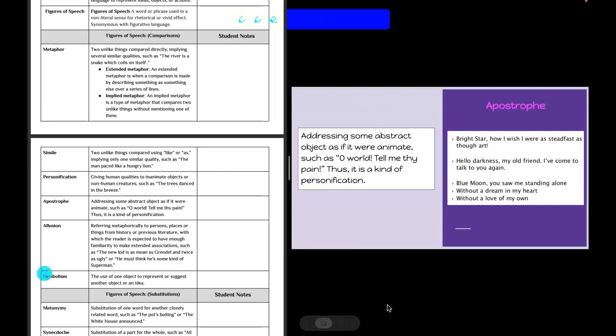Apostrophe is probably a term that's new to you, and apostrophe is when you're addressing some abstract object as if it were animate or alive, such as, O world, tell me thy pain. Thus, it is a kind of personification.